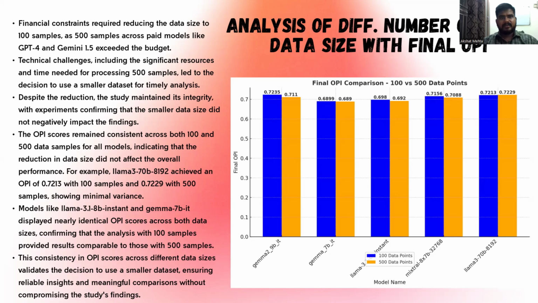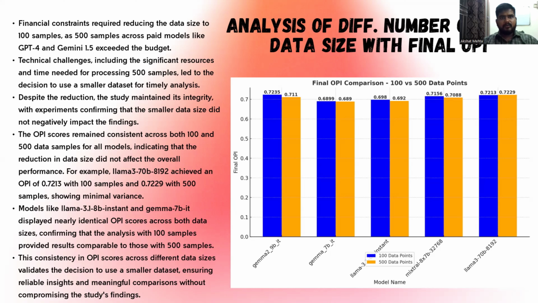Similarly, models like Llama 3.1 8 billion instant and Gemma 7b displayed nearly identical OPI scores regardless of the dataset. This consistency across the different datasets confirms that using a smaller dataset still provides reliable and meaningful results. This decision to reduce the data size had some advantages.